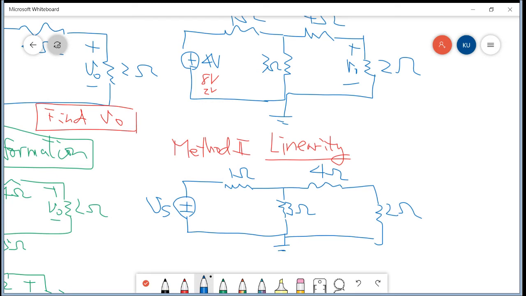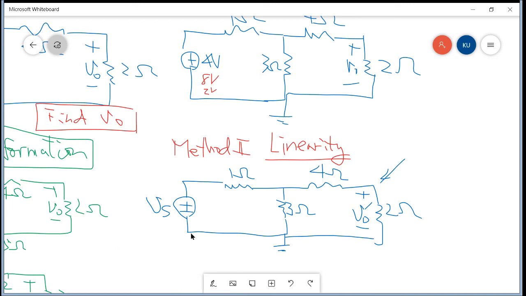Now, we also want to find VO prime. But if we know Vs and want to calculate back to the right side, then it may be more difficult. But for this structure, if we already know VO, it will be easy to calculate from the right hand side to the left side.